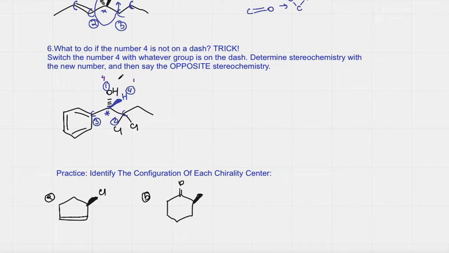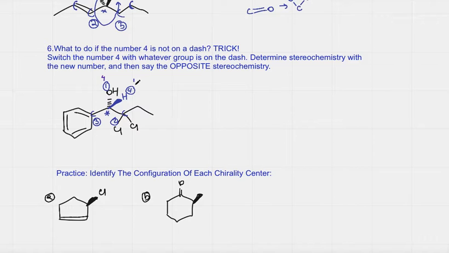So this is just for you to figure it out, and you can erase it after. And then once I switch 4 and 1, so I switched my group number 4 with whatever group is on a dash, because my group number 4 wants to be on a dash. So I switched with OH. So this was 4 and 1, and I gave the OH 4, and this is 1.